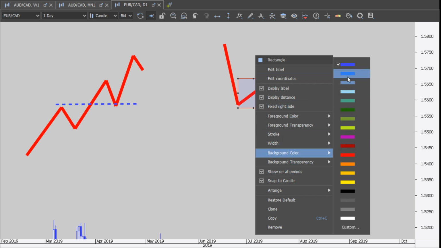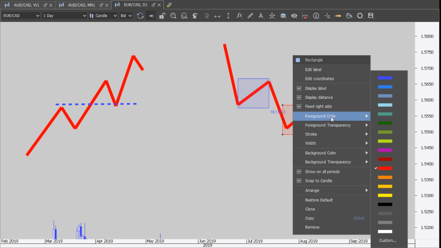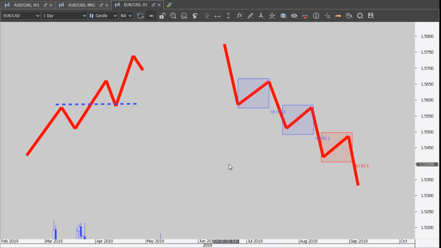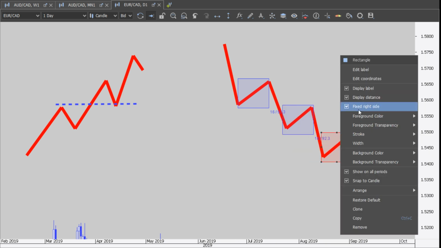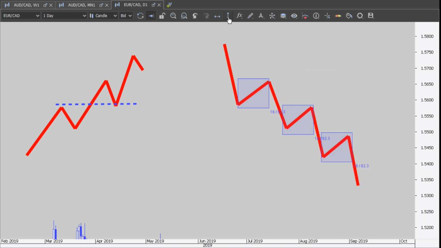So background color, let's make it blue. So we are going to start to talk slowly about retracement trades. Now you can see retracements inside structure, and you can see retracement inside the trends.